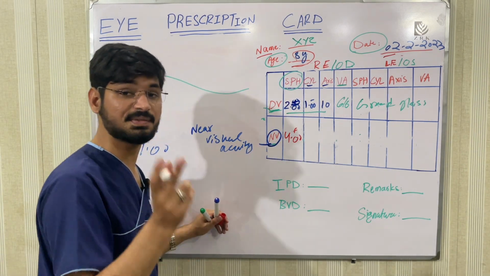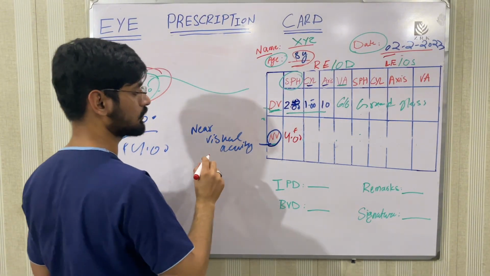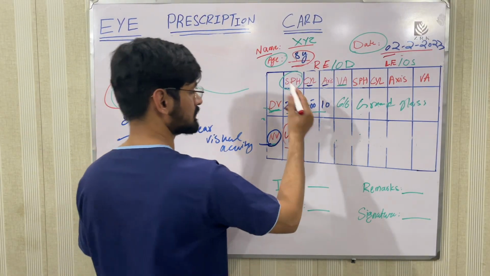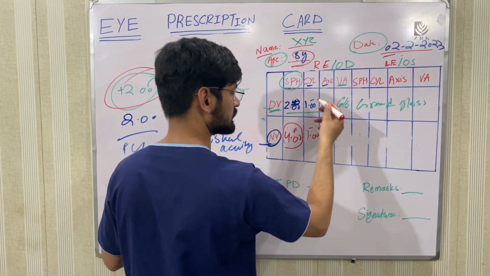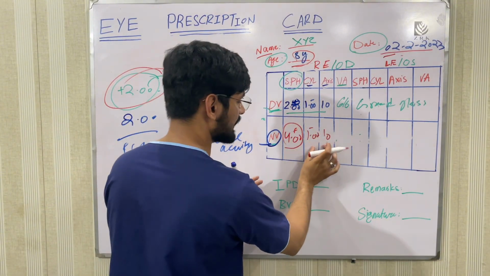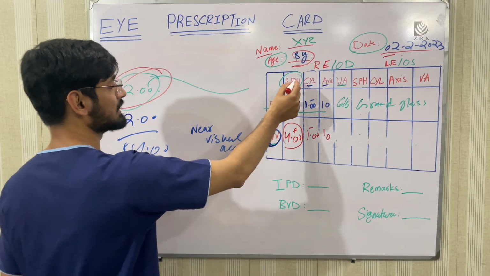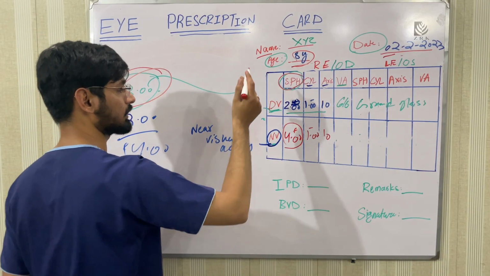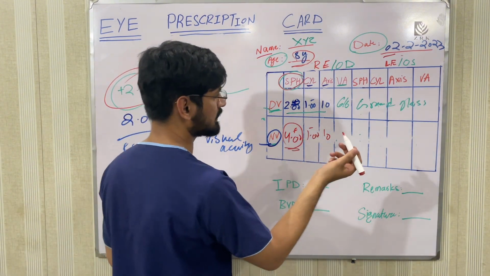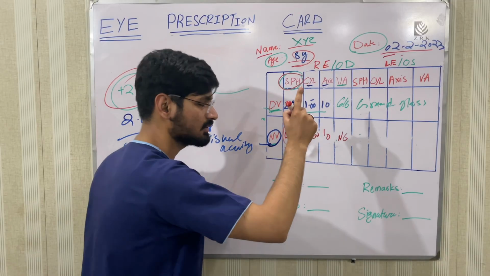Only add your near add to the distance sphere. After adding, write it here, and copy the same cylinder and axis. The remaining cylinder and axis will be copied here. So always add the near add into the distance sphere. So this is the second way to write the number. With this number, what is the visual acuity of the patient? It is necessary for me to mention it here.